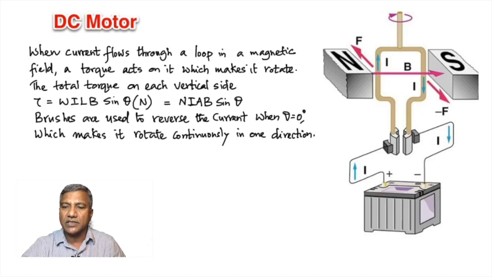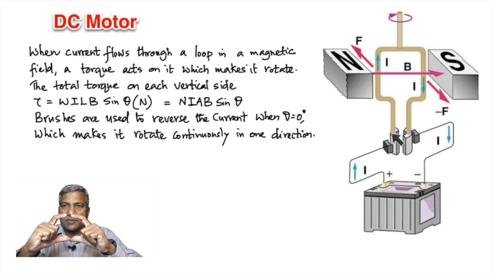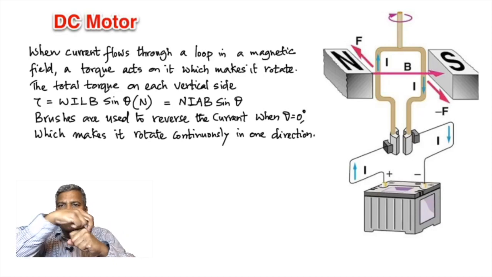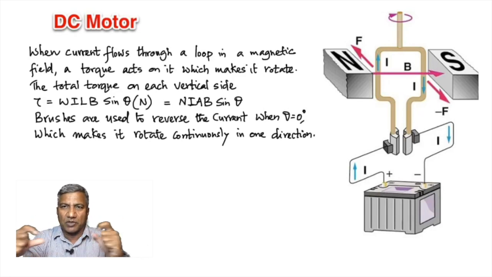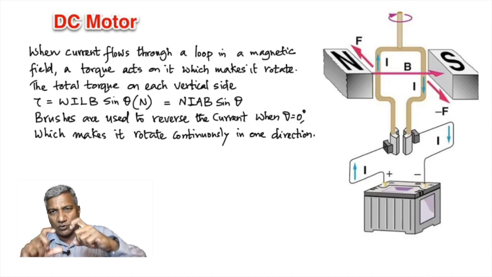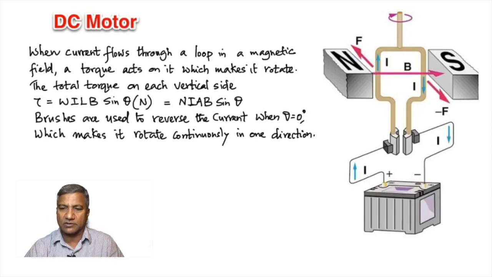You see what's called the brush arrangement, the split ring. It's a ring split into two halves like that, and on either side you have two carbon brushes brushing against it. So when it rotates, it's just touching or slipping past the carbon brushes.